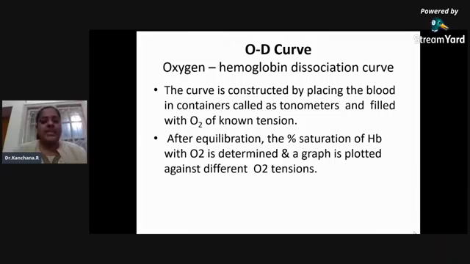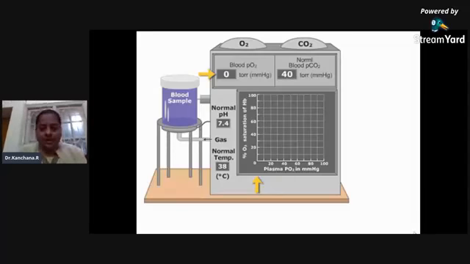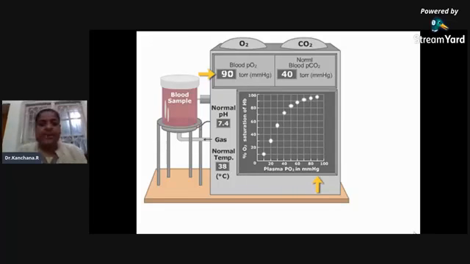The curve is constructed by placing the blood in containers called tonometers, filled with oxygen of known tension. After equilibration, the percentage saturation of hemoglobin with oxygen is determined, and the graph is plotted against different oxygen tensions, or different PO2s. This is how it's plotted. As PO2 keeps increasing, we obtain a sigmoid shaped curve.